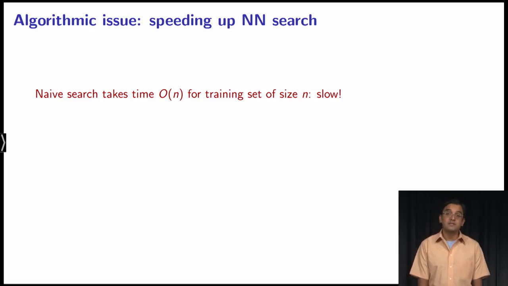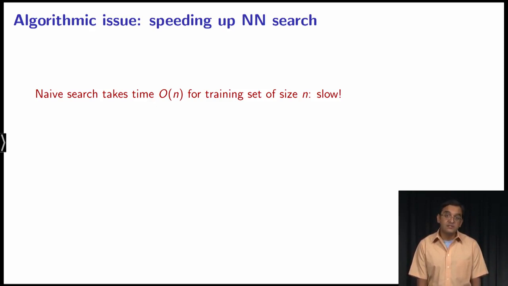When we were doing nearest neighbor on MNIST, for example, in order to classify a new image, we had to look through 60,000 training images. This is not pleasant. Can you imagine if the training set instead had 1 million images or 100 million images? It would render nearest neighbor completely impractical.